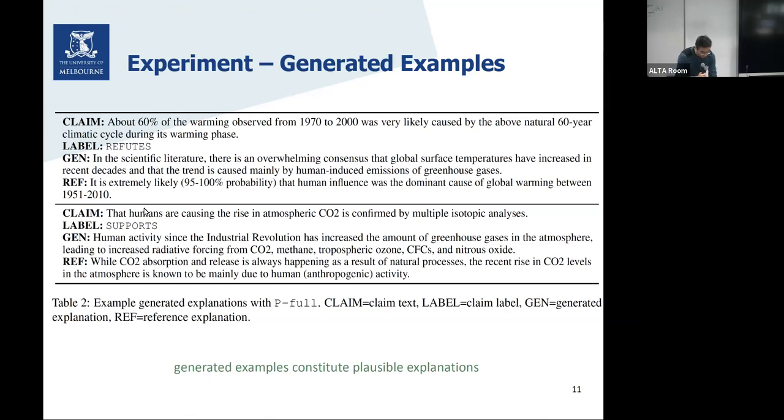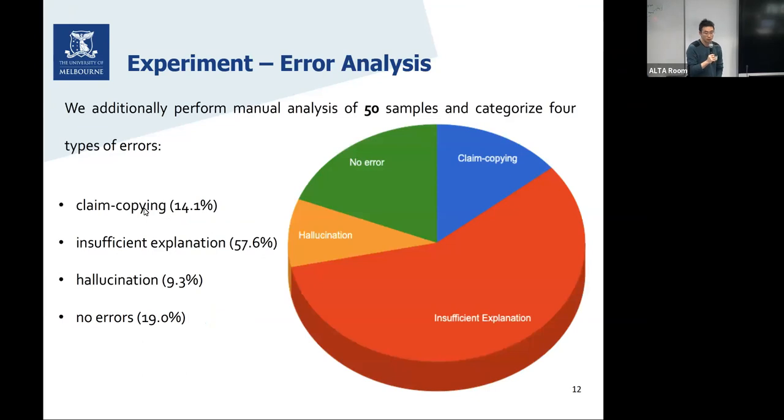These are two good examples, but we are more interested in the error analysis. We sampled 50 samples with the lowest ROUGE scores to perform manual analysis and categorize 4 types of errors they make. We can see that insufficient explanation accounts for 57.6%, which is the dominant reason for errors.